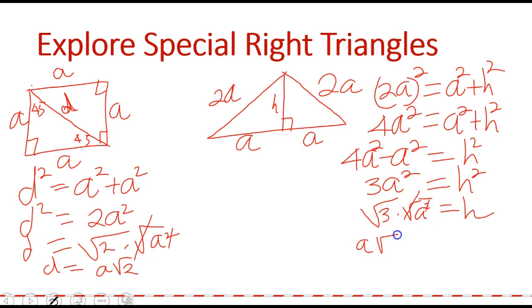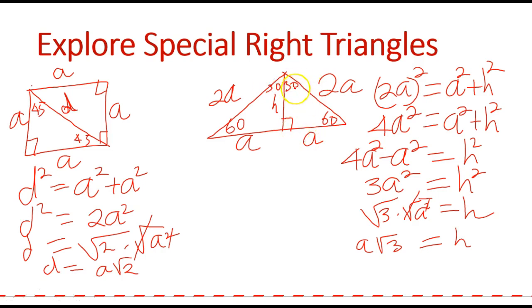Again, we have A square root of 3 equals H. The key thing here is the relationship between this side and the A we have. Since this is an equilateral triangle, this angle is 60, this is 60, and the top has been split into equal halves, so this will be 30, and that will be 30.